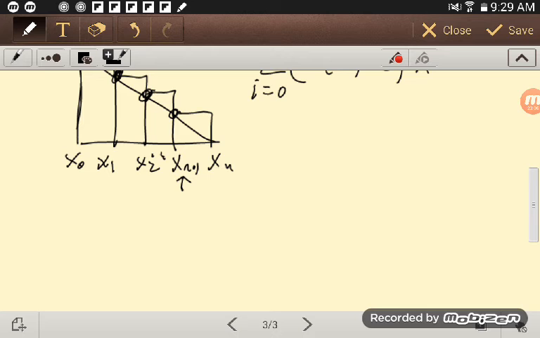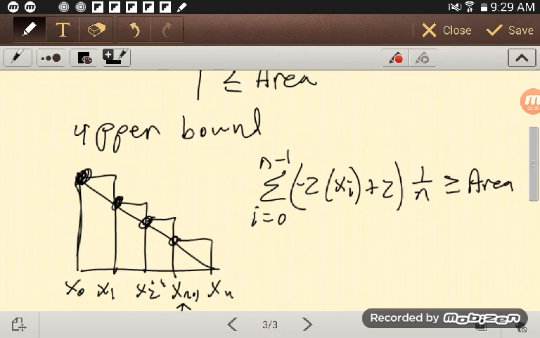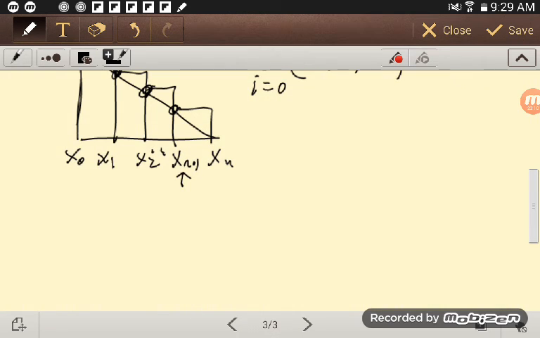So let's come down here to work on this thing. Remember, x sub i is just i over n, and we started at x0 and so forth.